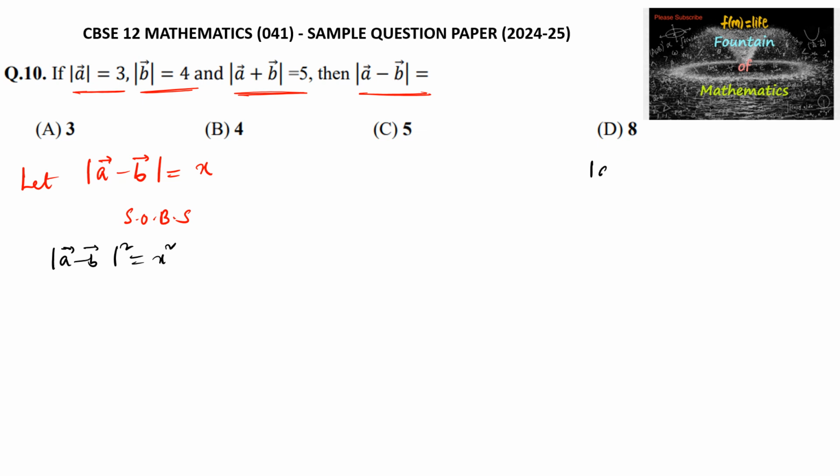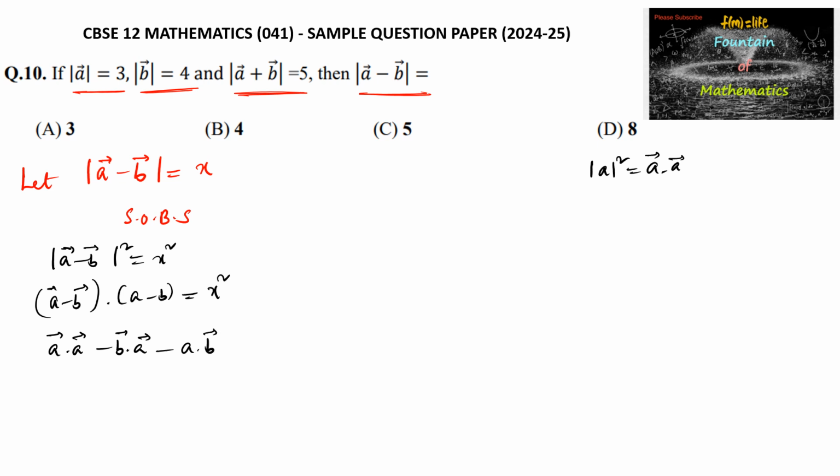Since we know the property mod A square is equal to A dot A, we can write (A minus B) dot (A minus B) is equal to x square. That is A dot A minus B dot A minus A dot B plus B dot B is equal to x square.